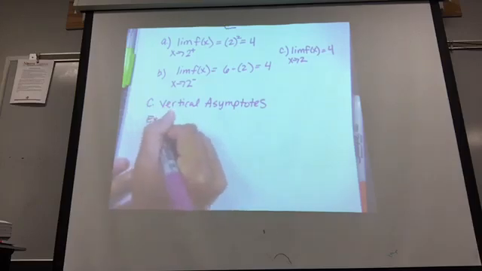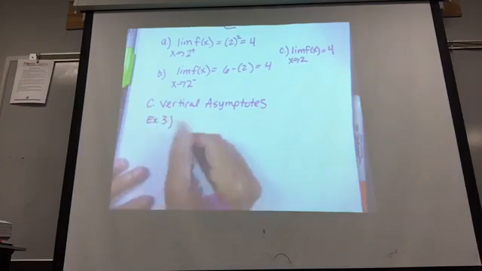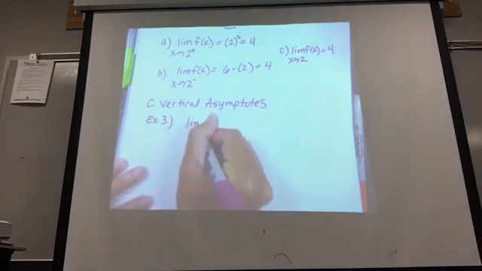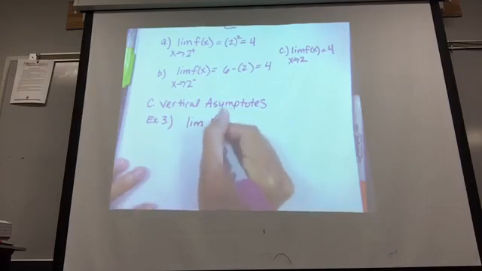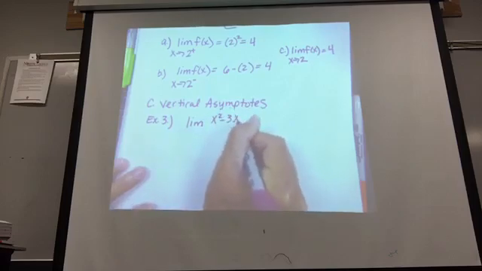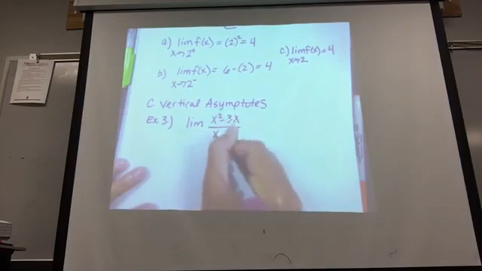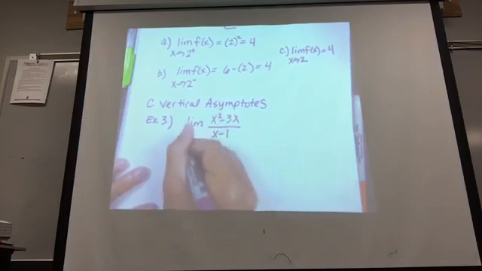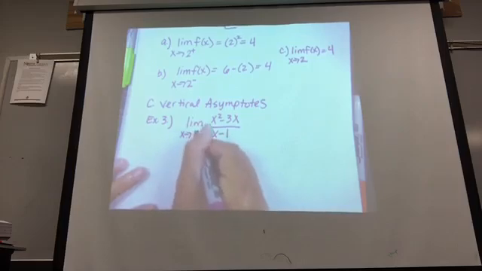So example 3. I want to evaluate the limit of x squared minus 3x over x minus 1 as x approaches 1 from the left.